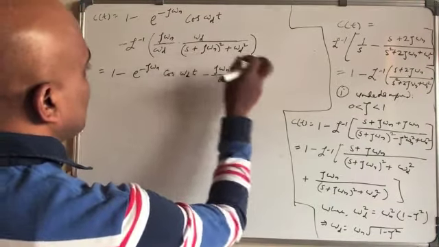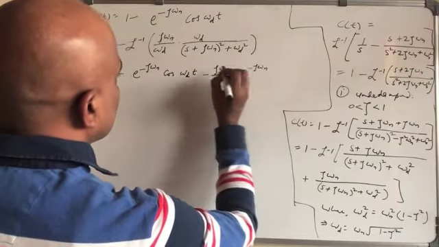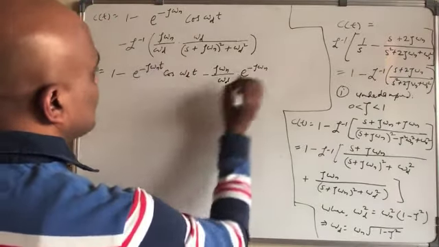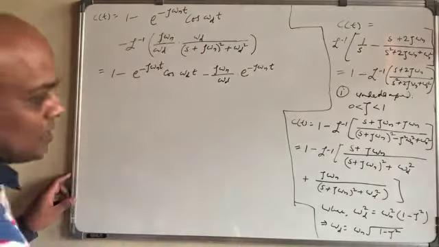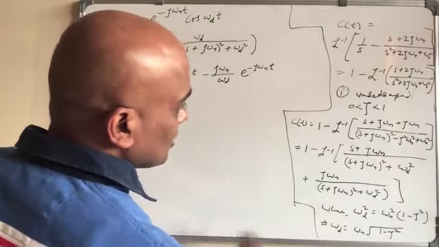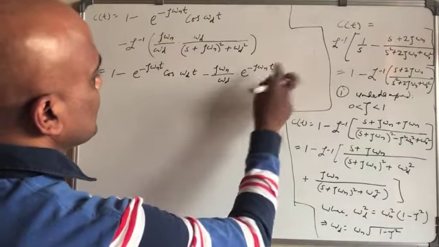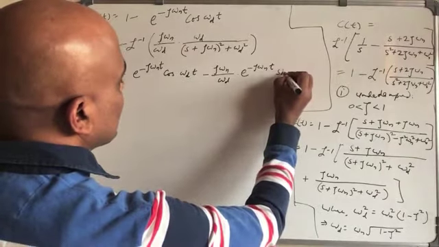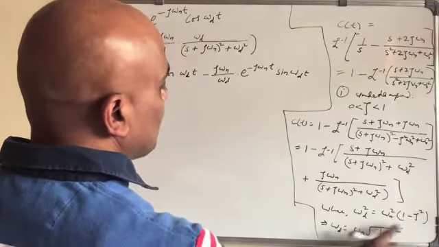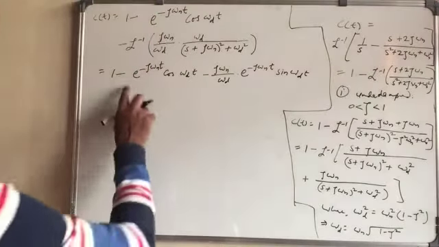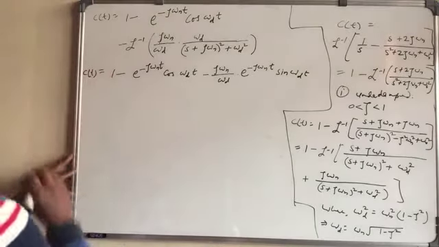So S plus zeta omega n, so that means e to the minus zeta omega n t term has to be there. Sorry, so here also t term has to be there. Okay, so e to the minus zeta omega n t, and then you have sine omega d t, where omega d equal to omega n times root of 1 minus zeta square. So this is what the C(t) you get.